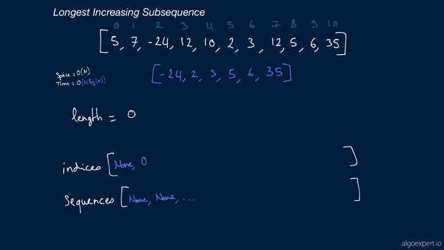And in our sequences array, right before index 0 there's no number, so we just store none. This sequences array represents the exact same thing as the sequences array did in our previous solution. And so now we can update this length to 1, because the longest increasing subsequence that we have so far has length 1.